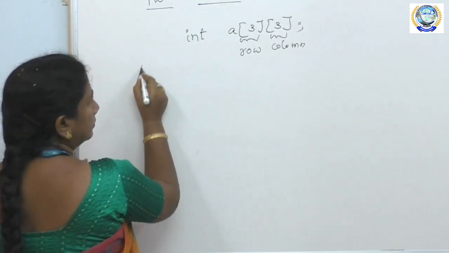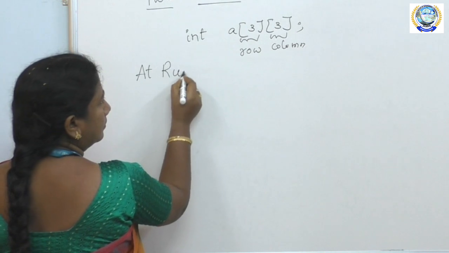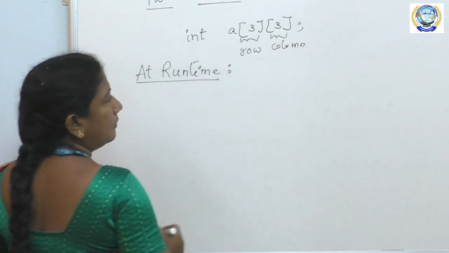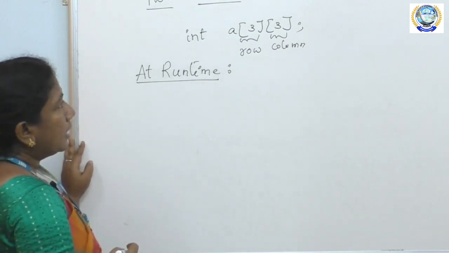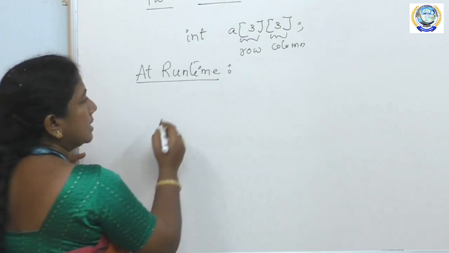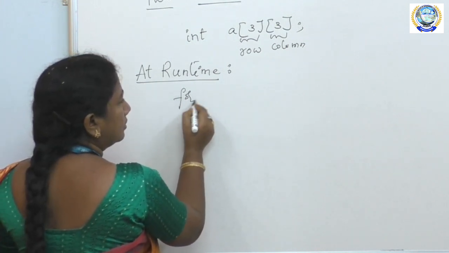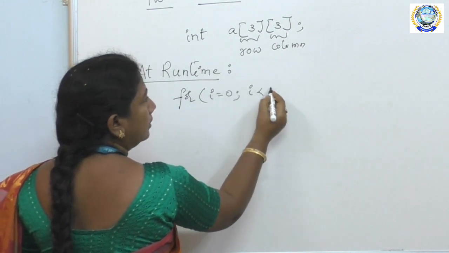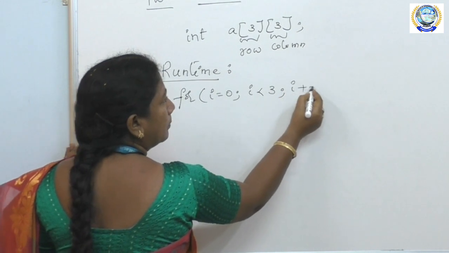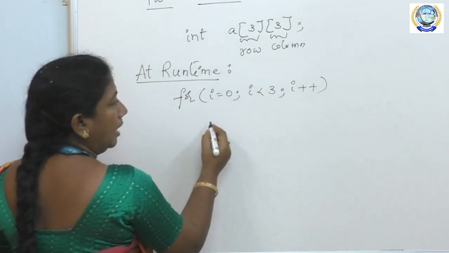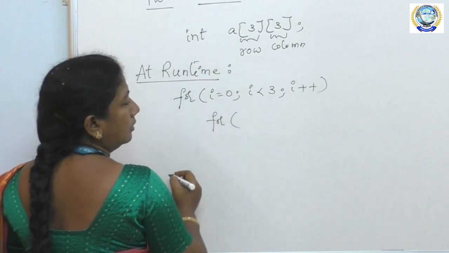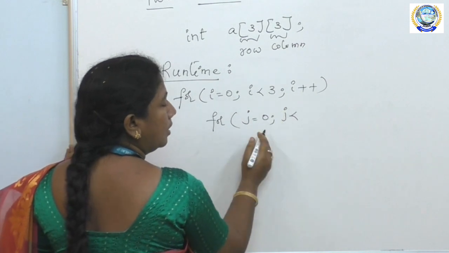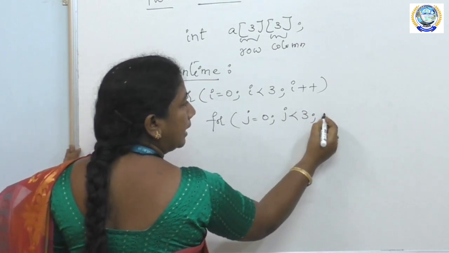At runtime, the values are given to the array by using a for loop structure, that is for i = 0, i < 3, i++. Next, again we have to take another for loop, this is for column representation, j = 0, j < 3, j++.